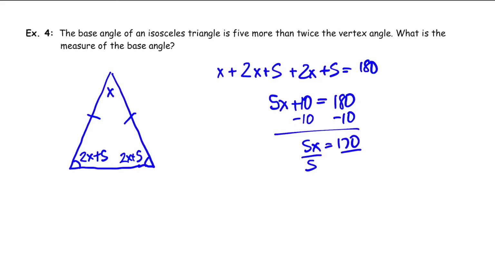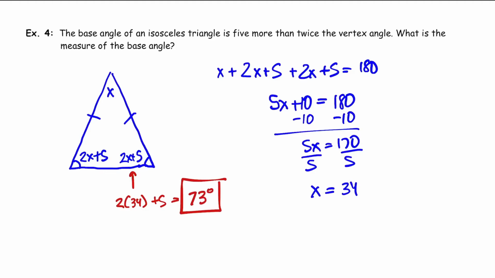Divide by 5. Throw that into the calculator. x is 34. What is the measure of the base angle? So we actually only need to find the base angle. Well, you can pick either one. They're the same, right? So I'm going to plug in here and do 2 times 34 plus 5. And it's 73 degrees. So that's the measure of the base angle.